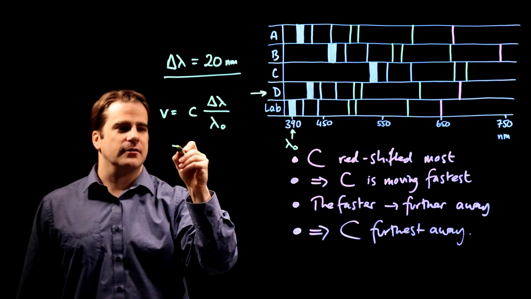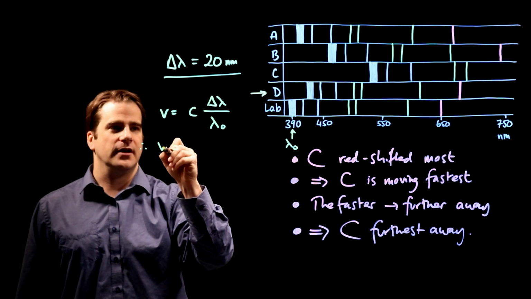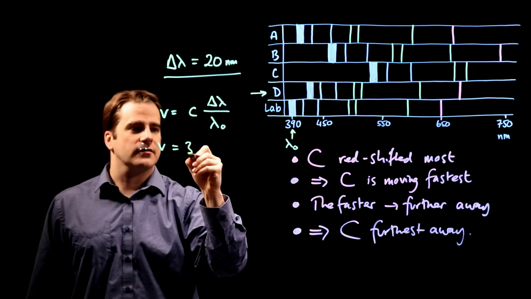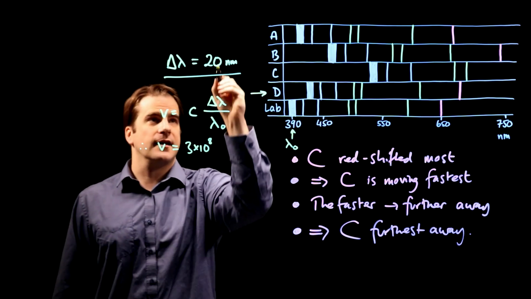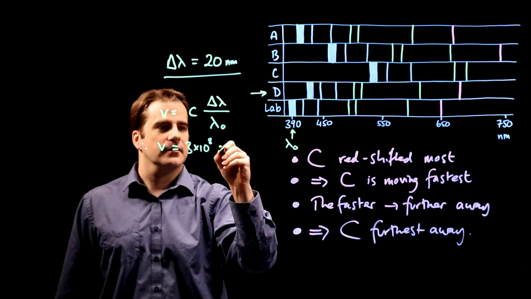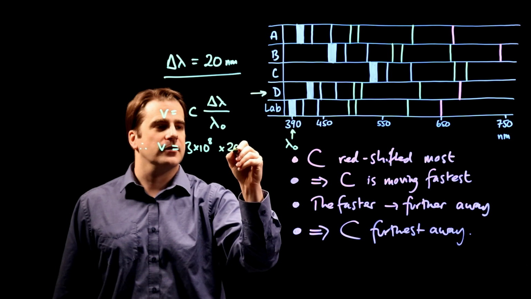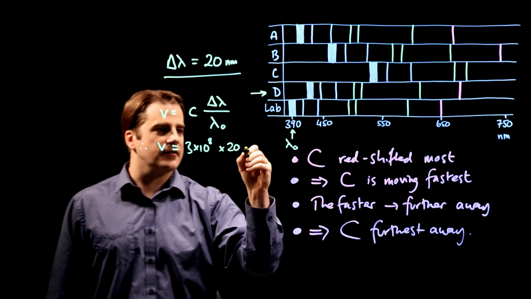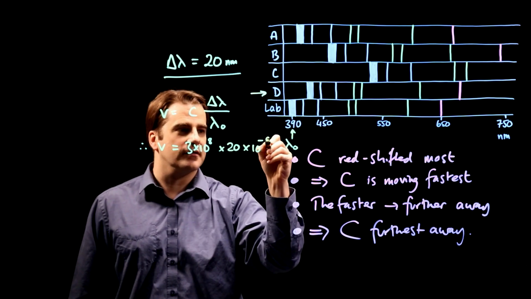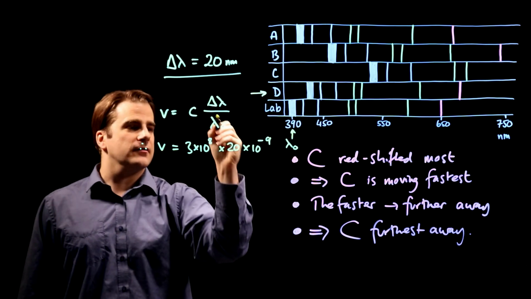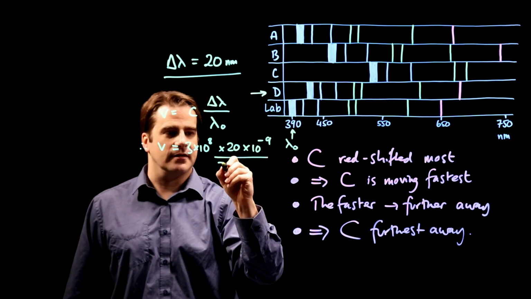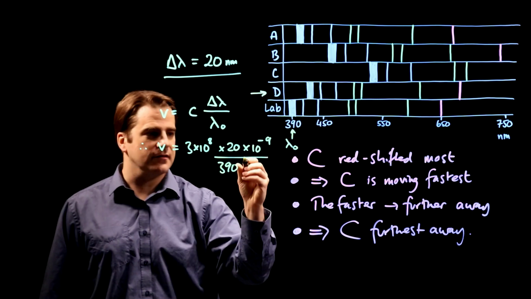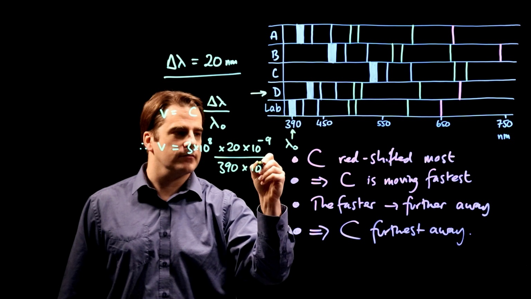Okay, so therefore v equals c, which is 3 times 10 to the 8, times delta lambda, which is 20 nanometers, 10 to the minus 9, on top, divided by lambda naught, which is 390 nanometers, 10 to the minus 9.